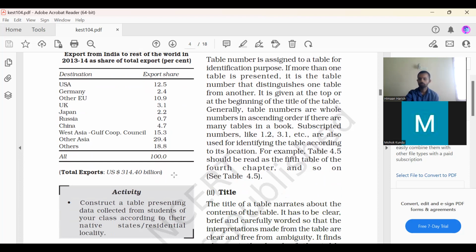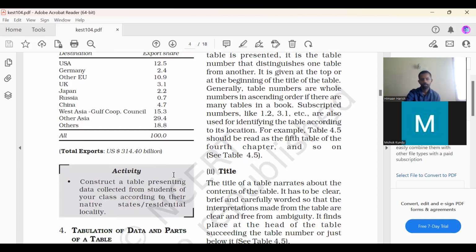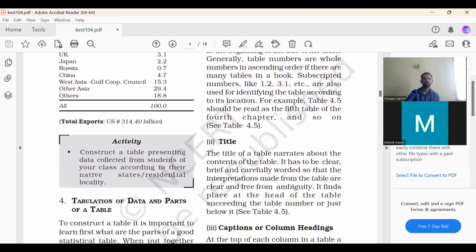So how much does 1 billion mean in Indian rupees? It is actually 7,000 crore rupees. And in the activity, construct a table presenting data collected from students of your class according to their native state and residential locality. This can be done in school as well.